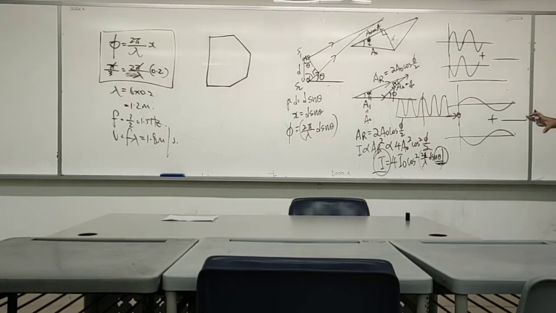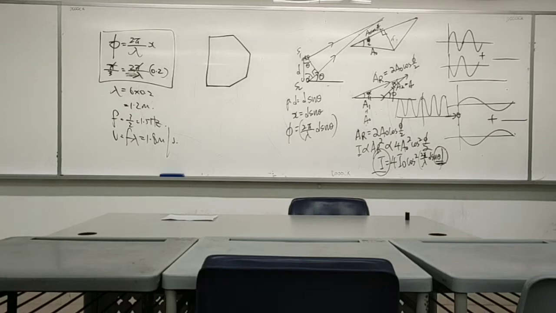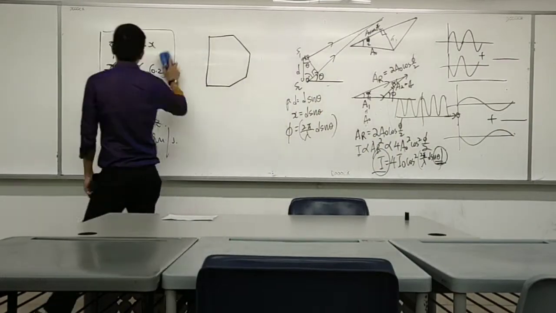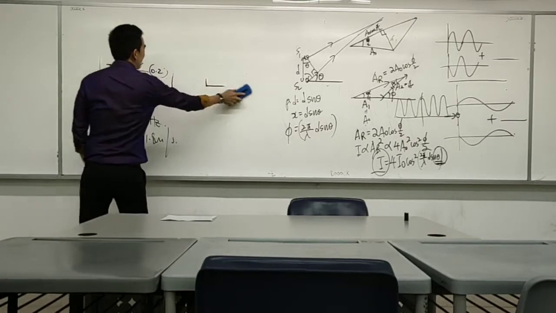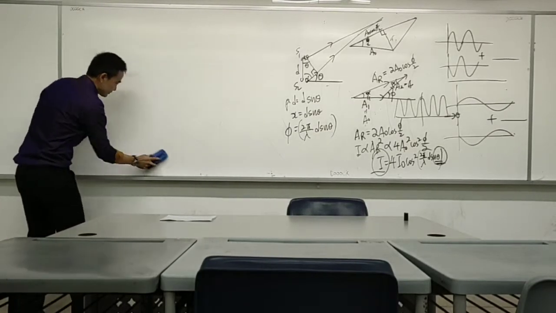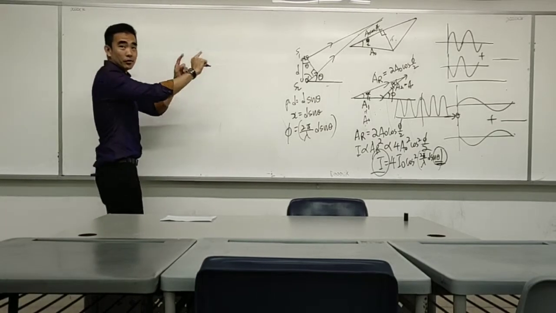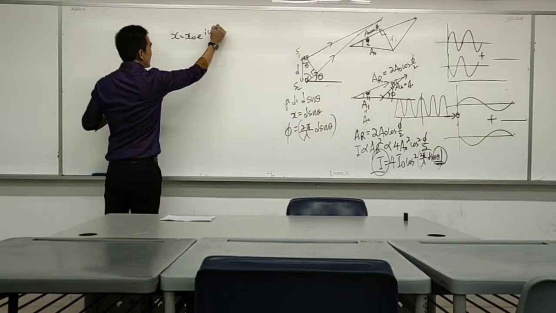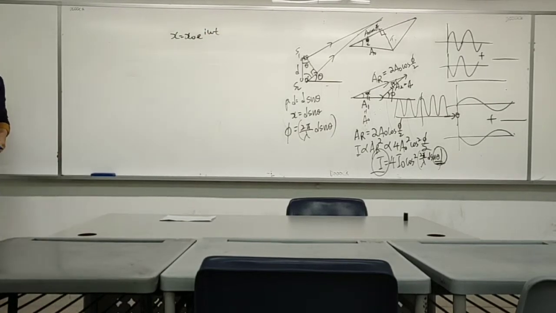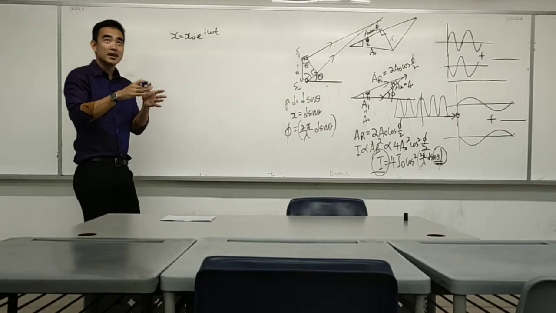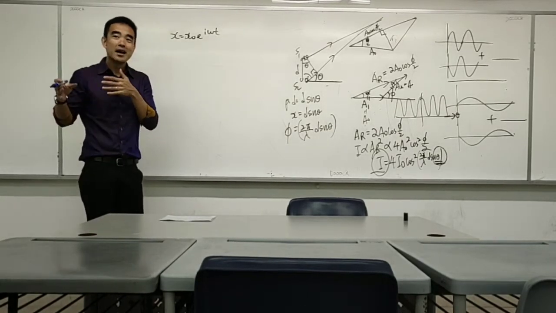Okay, coming back to this. The next method I'm going to show you is to do with complex numbers. I represent an oscillation using this notation. In complex numbers, you know that e^(i omega t) is cosine omega t plus i sine omega t.